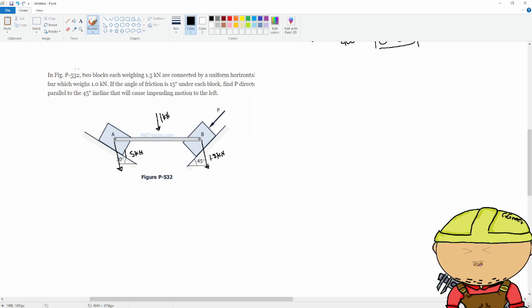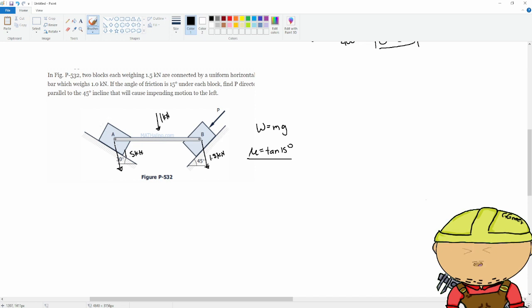Weights are always at the middle or center of gravity, and weight is equal to mass times gravity. Since the weight is already a force, we don't need to multiply it. But if you're given a mass, we multiply it by 9.81 or 32.2. The angle of friction is 15 degrees, so we're going to use tangent 15. Find P directed parallel to the 45 degrees because of impending motion to the left.